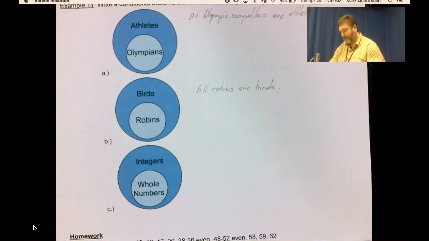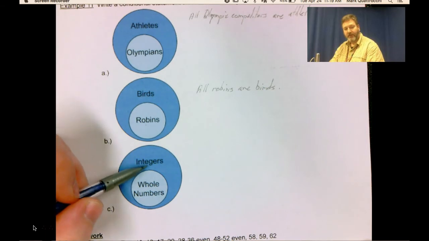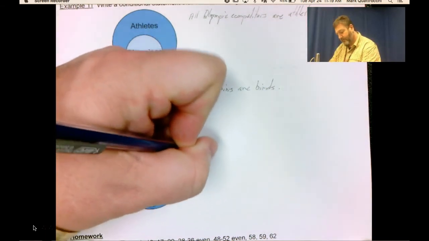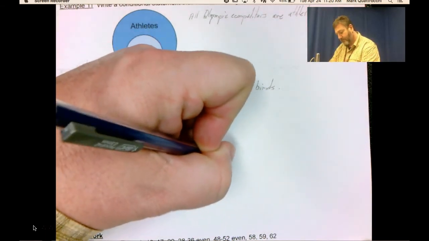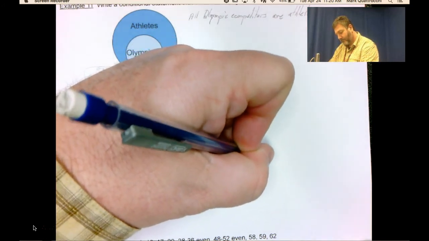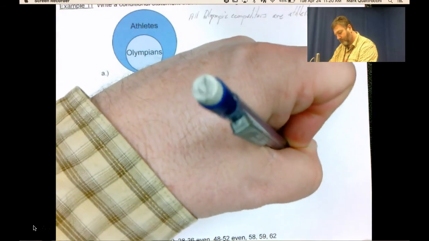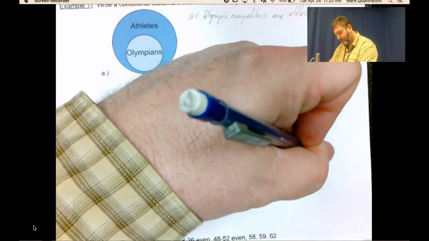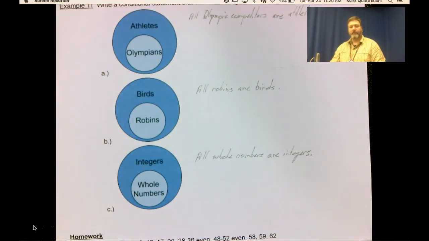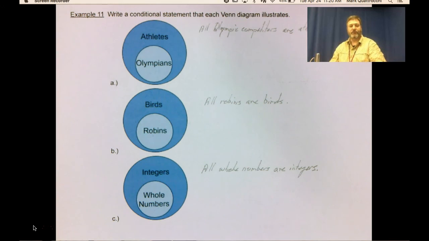Part C. All whole numbers are integers. And that concludes section 2.1.